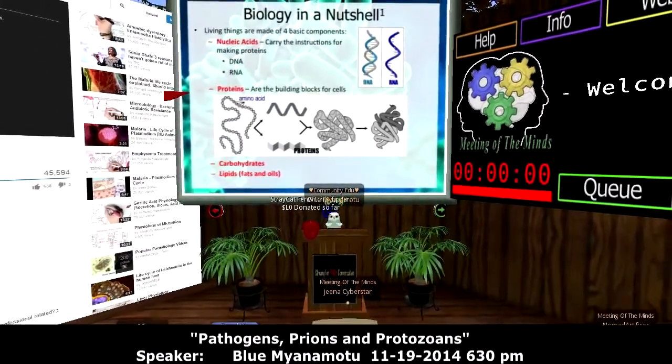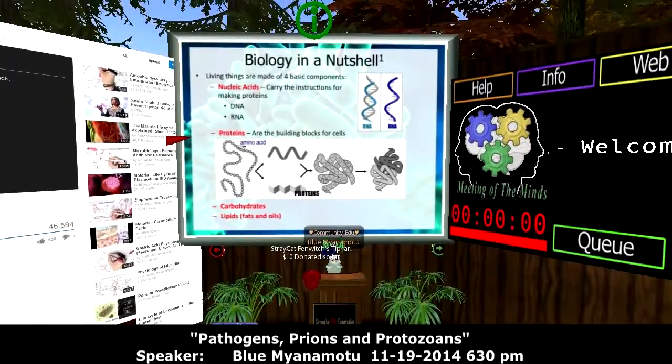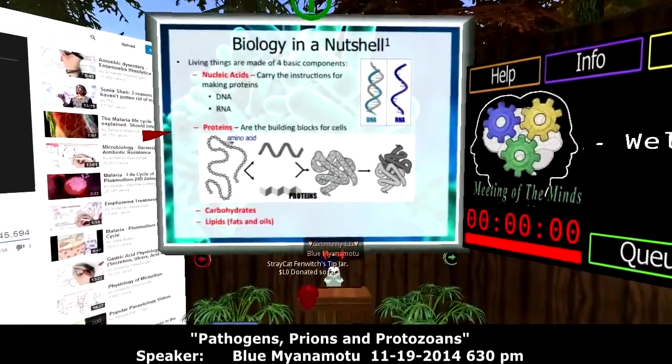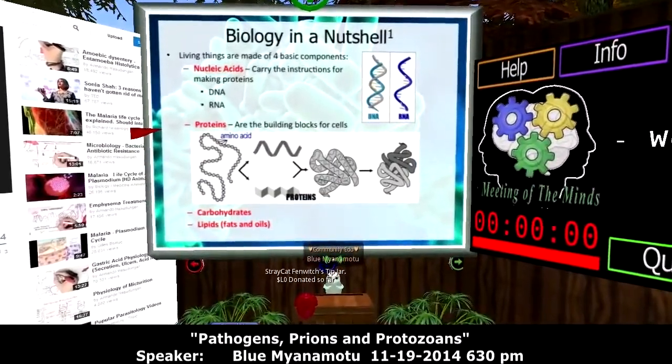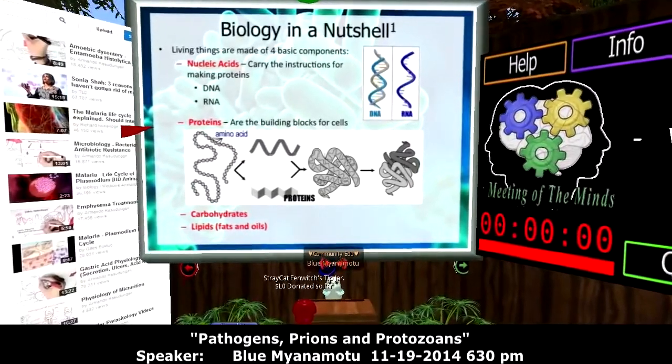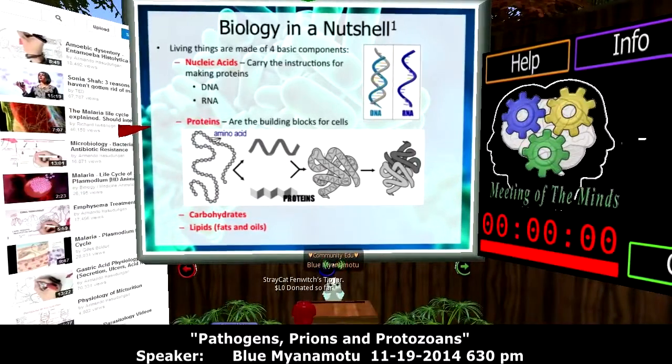So, biology in a nutshell, and the reason why I'm going over this is because if we look at the difference between viruses and bacteria, and prions, it almost comes down to these 4 basic components. First is the nucleic acids, and you'll see that in living things and even in non-living things like viruses, there's only 2 different kinds of nucleic acids that we know.